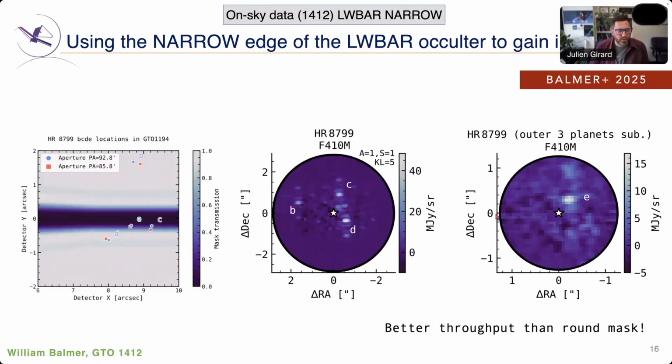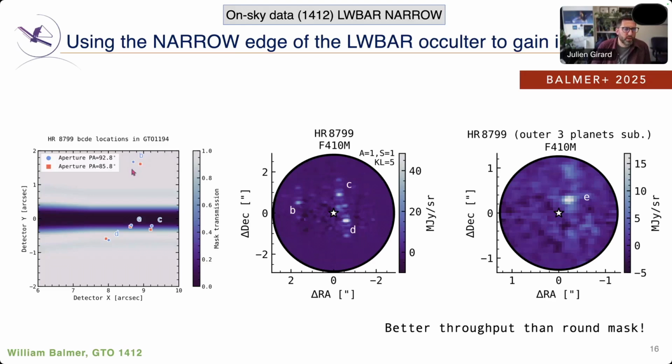We spent a lot of time before launch simulating this kind of data. But this is the location of the planets at the time of observation with respect to the bar plane and the position. So planet b is pretty ideally located.